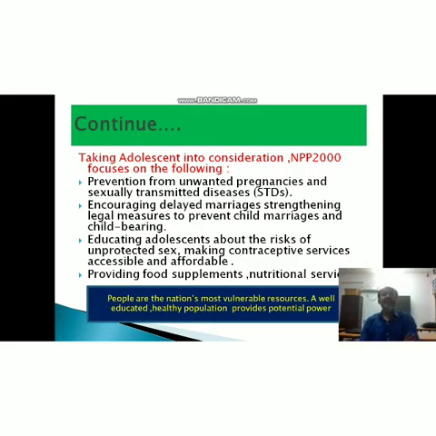Taking adolescents into consideration, NPP 2000 focuses on the following things: prevention of unwanted pregnancies and sexually transmitted diseases, STDs; encouraging delayed marriage; strengthening legal measures to prevent child marriages and childbearing; educating adolescents about the risk of unprotected sex; making contraceptive services accessible and affordable; providing food supplements and nutritional services.